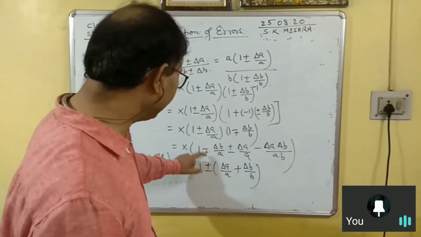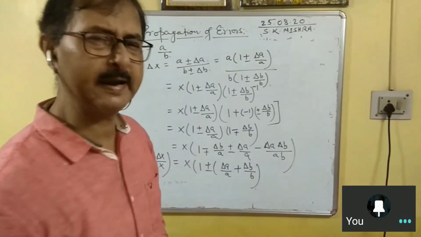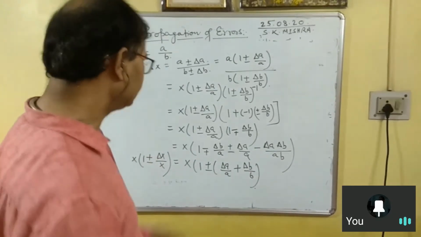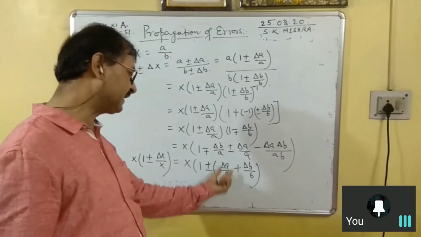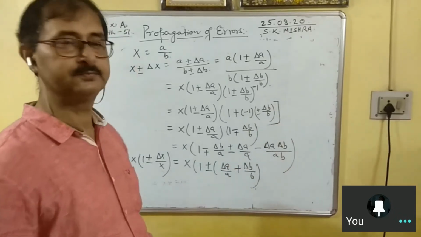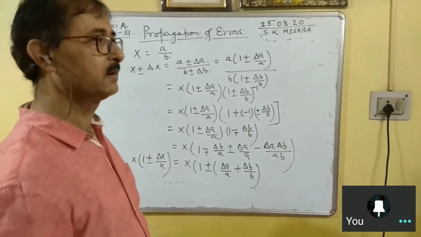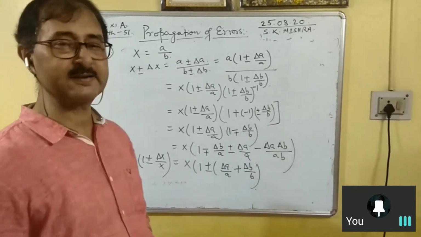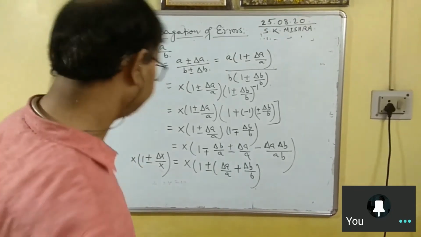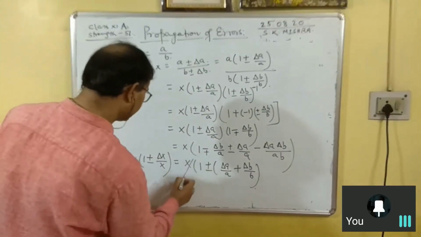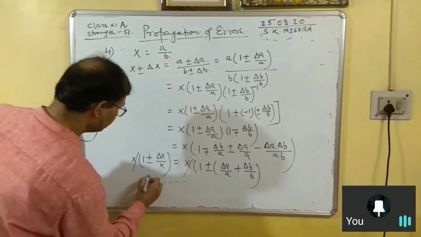So minus plus plus minus, same thing. You can just take common. So this is delta A by A plus delta B by B. So whether it is plus minus or minus plus hardly makes any difference. So then finally you can cut this one, X and X, and then 1 plus minus delta.